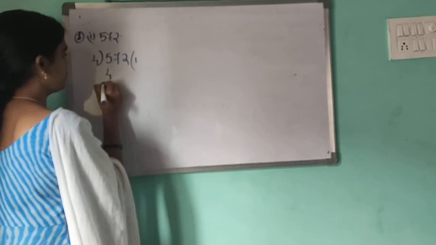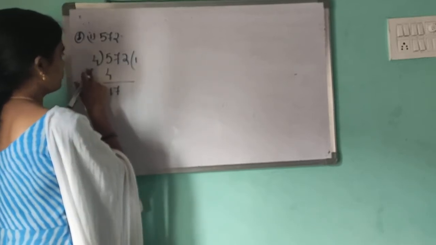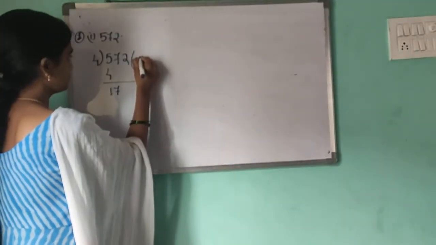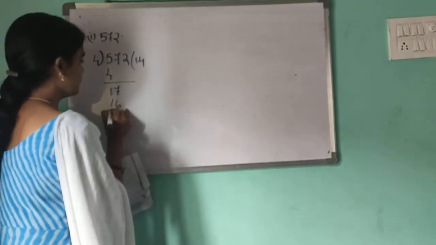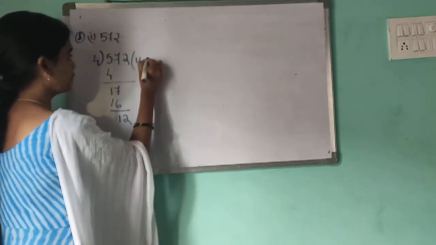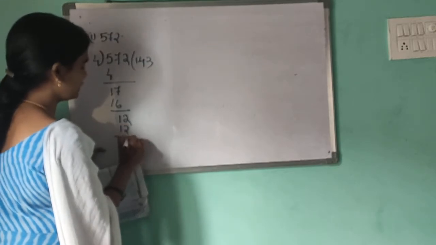1 4 is 4. Remainder is 1. 17. 4 4s are 16. Remainder is 1. 2. 3 4s are 12. Remainder is 0.